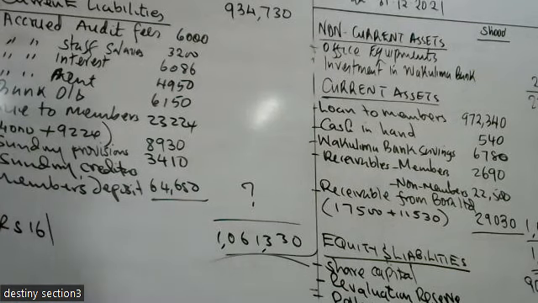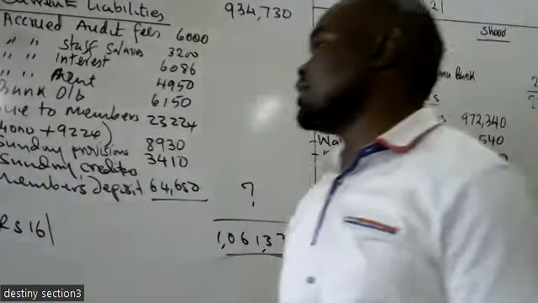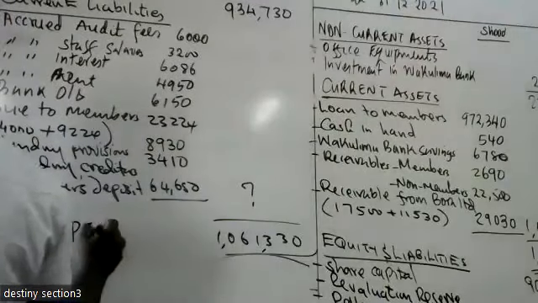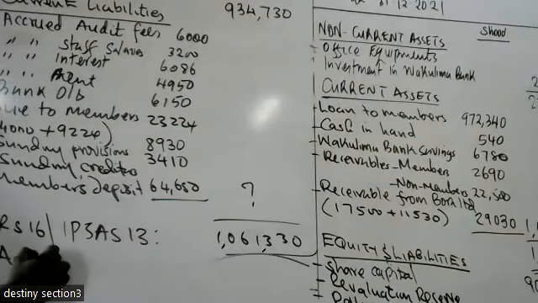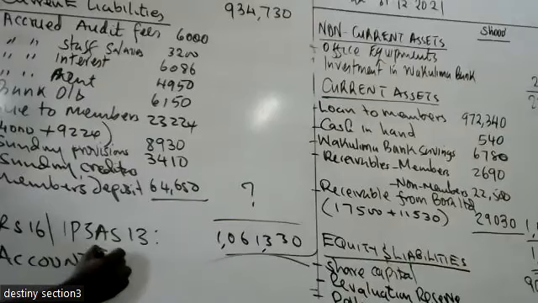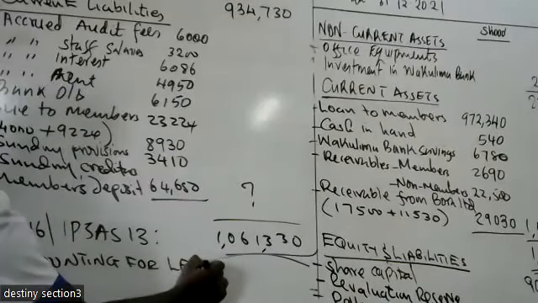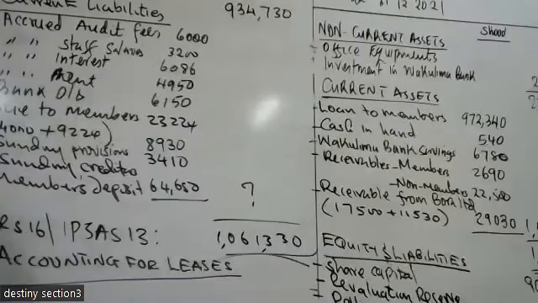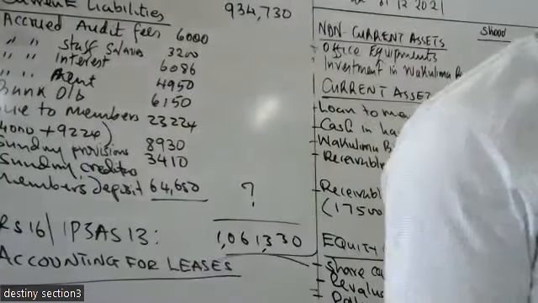But when you go to the public sector, that is government, we talk of IPSAS 13, accounting for leases.